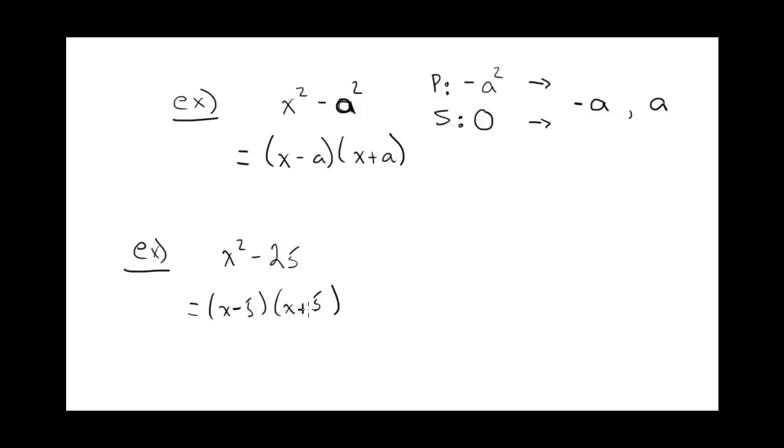Doesn't matter which one goes first, the negative or the positive. So x squared minus 81. I think we did this example before. No, we didn't. So x, square this, 9, 9. One's negative, one's positive. Multiply that out, you'll get that. So that's it.